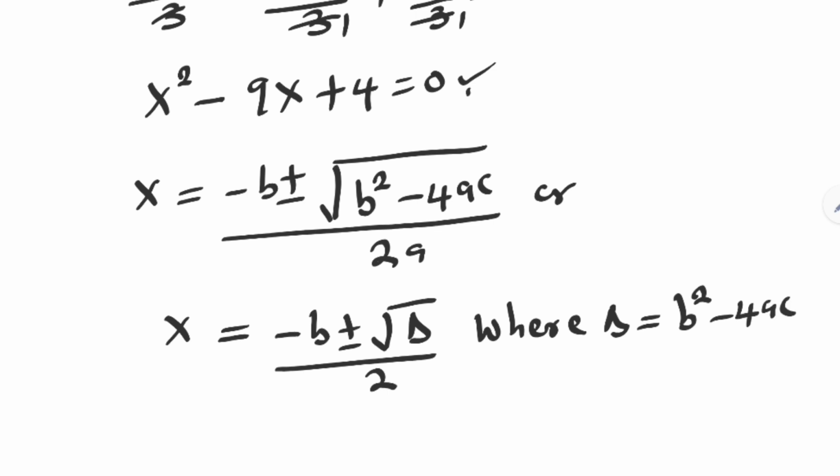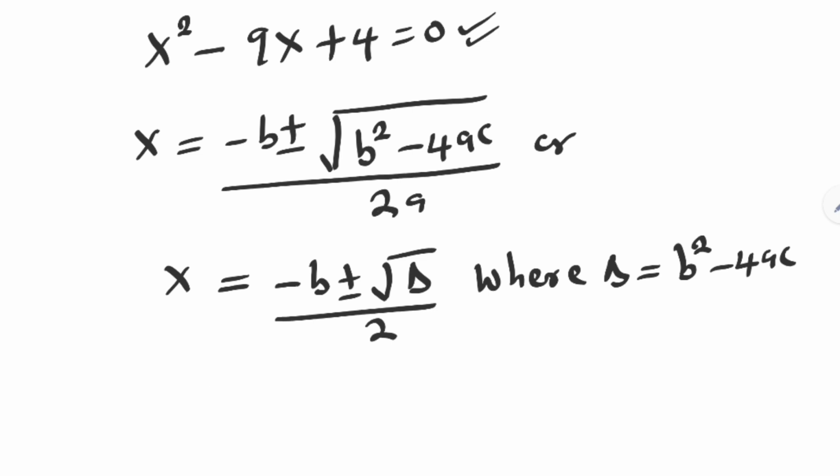Then from this equation, a is equal to 1, b is equal to minus 9, and then c is equal to 4.